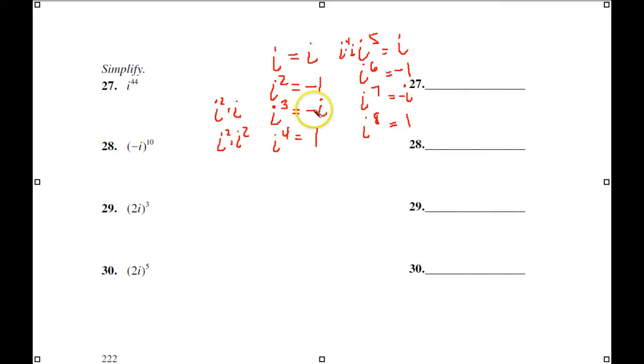This is i to the third times 1 is -i. And i to the eighth is i to the fourth times i to the fourth. And that's 1 times 1, which is 1. And this pattern repeats for every 4. So what you have to do is find out how many i to the fourths we have into something here.